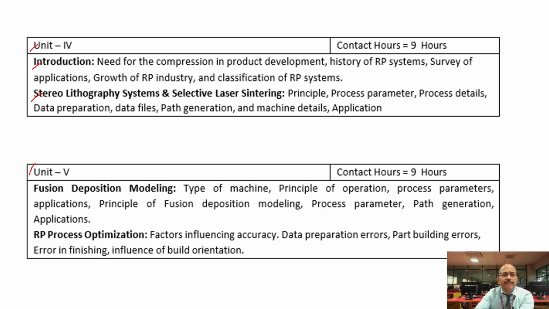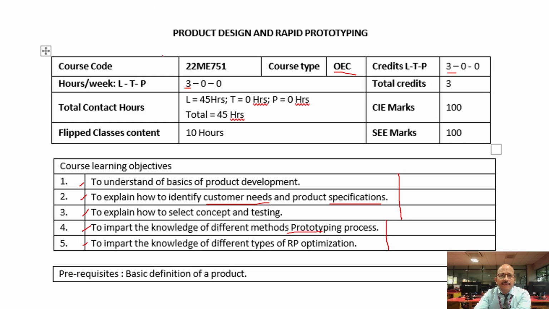A few methods in unit 4, and in unit 5 also a few methods of rapid prototyping, and how to optimize the rapid prototyping process, that we are going to study in units 4 and 5. So, in general, in this subject, product design and rapid prototyping, the first 3 units are related to the design of the product.